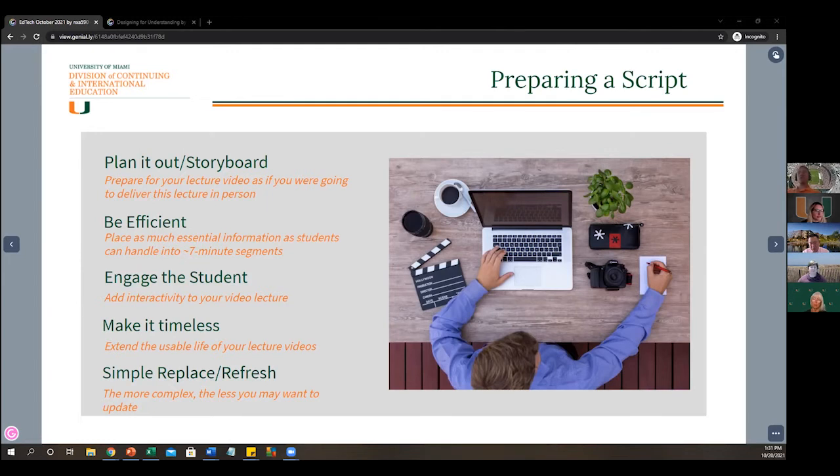But if it's something subjective, where data changes and opinions change, as those things change and update, that is going to render your video outdated. Then you're going to have to consider how to replace or refresh those portions of your lecture videos. And Alexa's going to talk about how you can use simple tools to make that easy for you in case you do need to do those things.